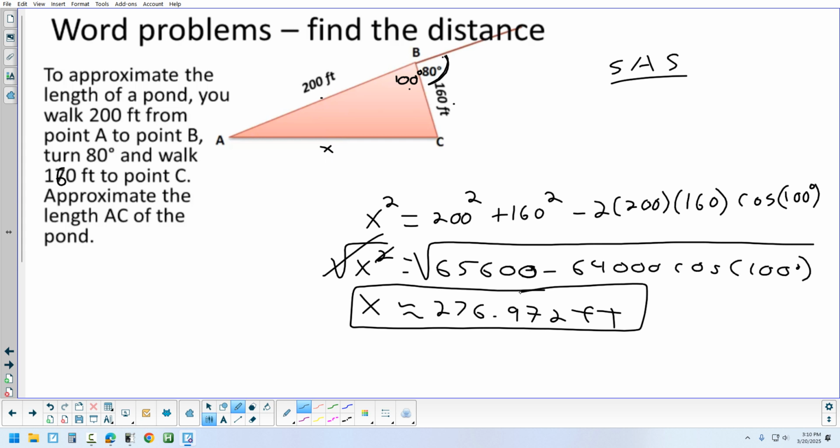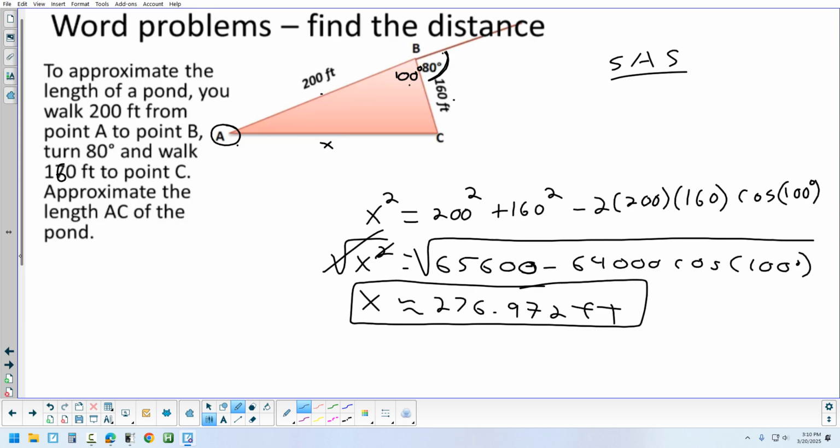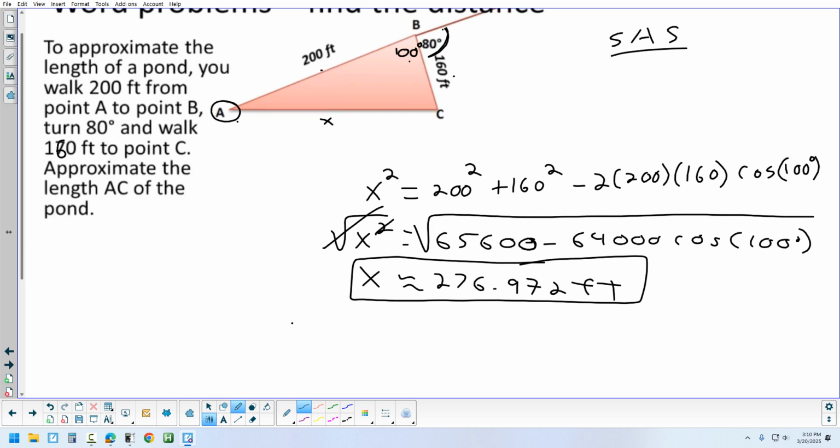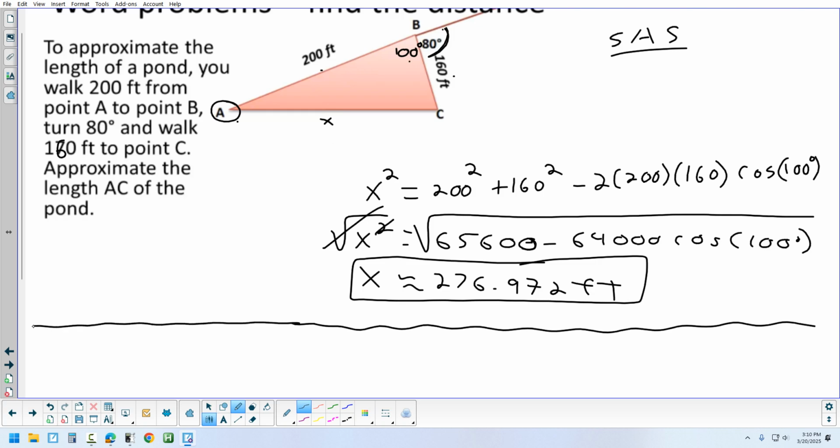All right. Now, let's see if we can find this angle right here. If I want to find that angle, how would my law of cosines start out? On the left side, we're solving for this angle right here, so what would I put on the left side? 160 squared.